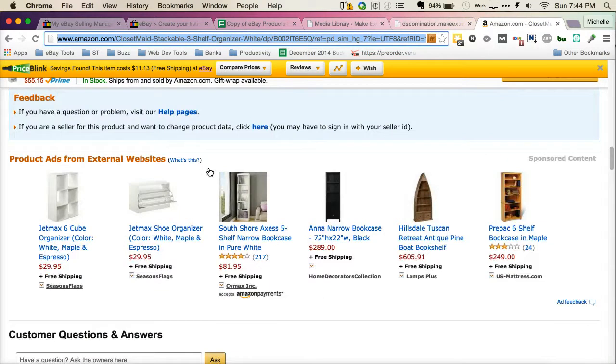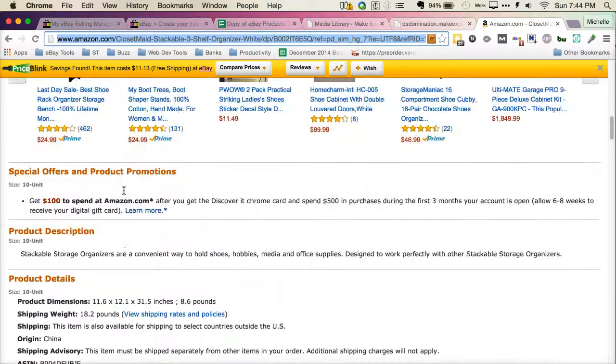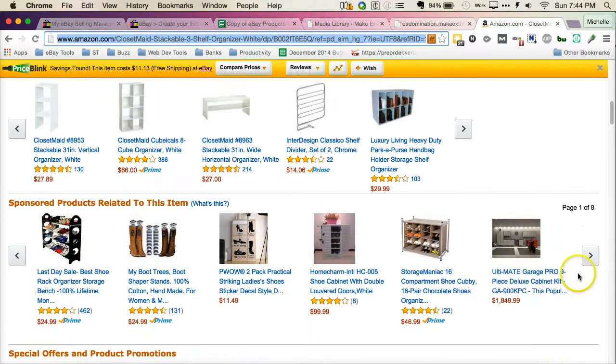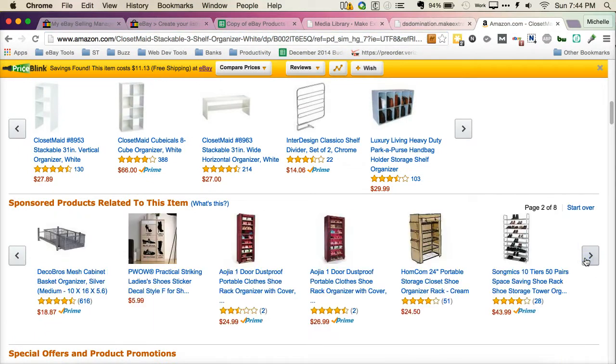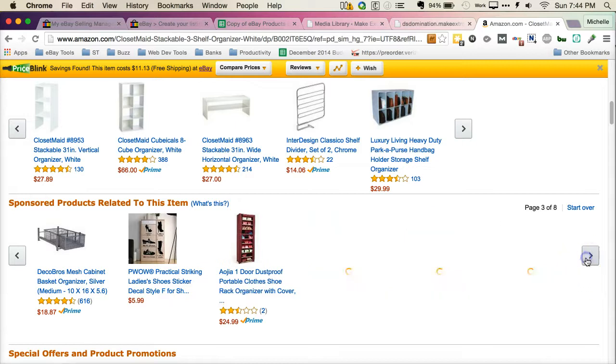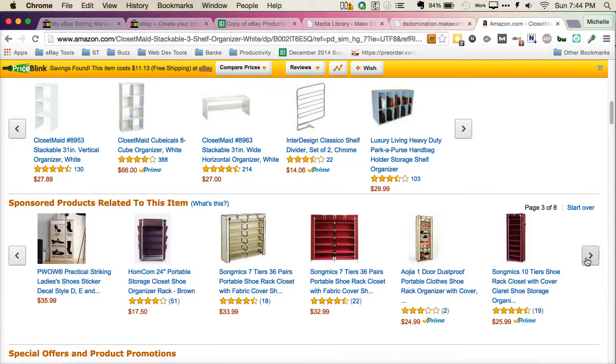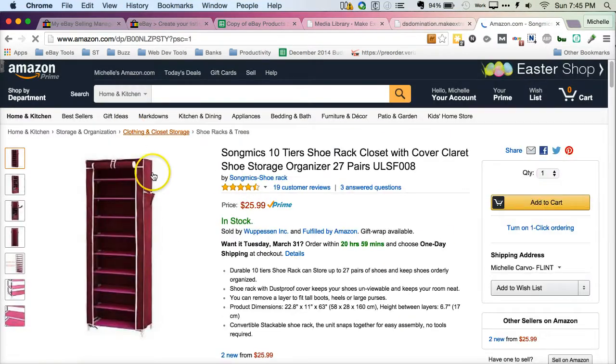Let's go back to looking and see what we've got here. These are product ads, so we need to go up. Here we go. Let's take a look and see what they have. Let's look at this shoe rack, for instance.